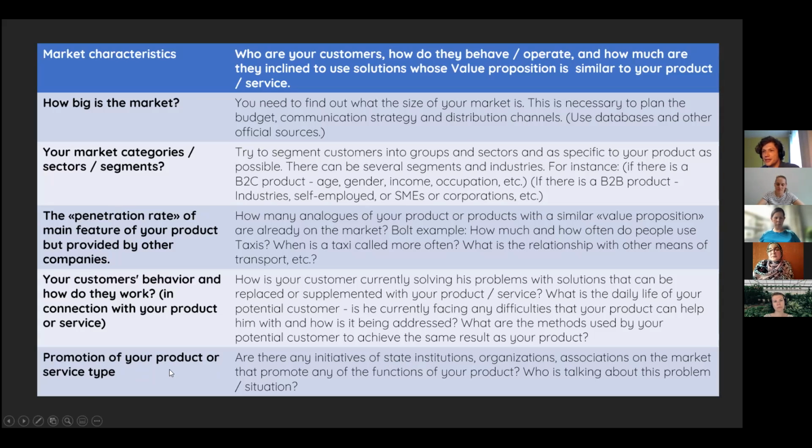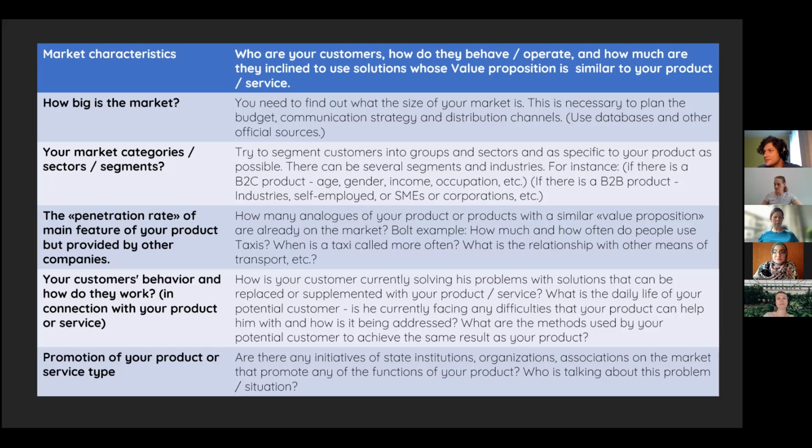There could be, maybe, some association which is usually talking about some specific group's rights. This also is important if you are trying to target this segmented group, of course. So here, from the segments that you did previously, you would be able to understand what organizations are behind those segments.